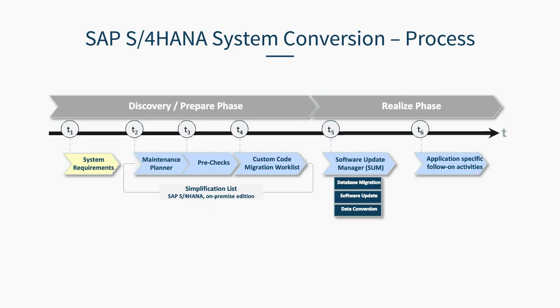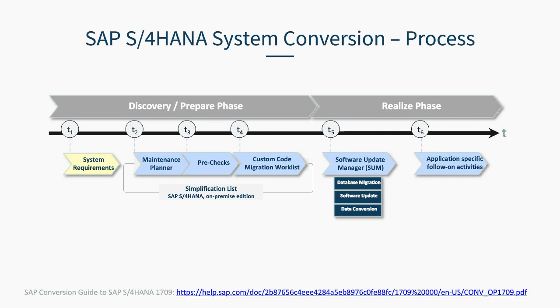And then if you're going through the system conversion path, you would need to go through this process of discovery and preparation and then through into realization itself. Now, SAP's got a really nice link that I've added here for your reference, and you can go and click on this once you download the PDF. That takes you into the conversion guide. It's a PDF.